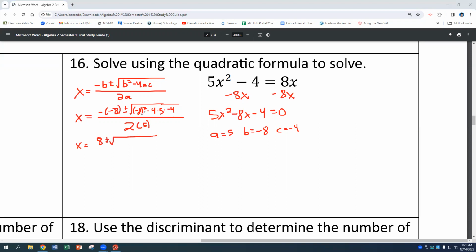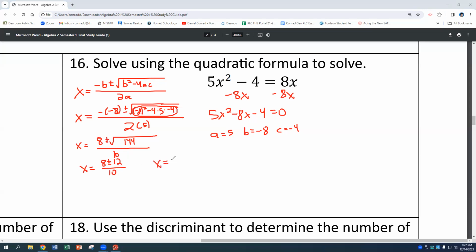This is 64, right? You can put all of this in your calculator at once. That would be awesome. But 64 plus 80, which is going to be 144, all over 2 times 5, which is 10. So 144 is a perfect square. So it's going to be 8 plus or minus 12 all over 10, right? The square root of 144 is 12. So we're going to have two solutions here.